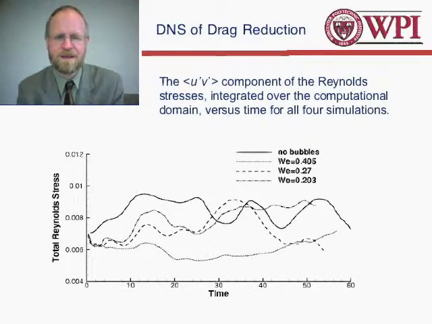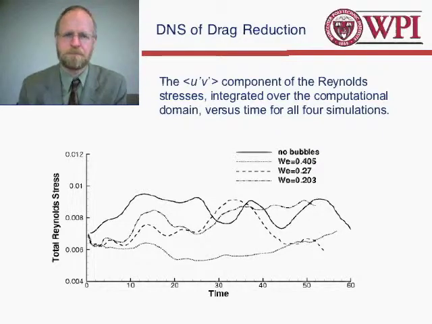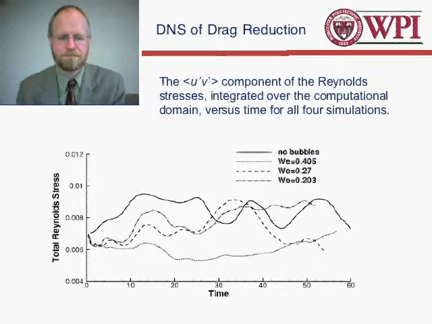But certainly at early time, it's the flow without bubbles that has the highest Reynolds stresses, and there's no clear correlation between an increase in drag on the wall and an increase in Reynolds stresses. So while the decrease in Reynolds stresses for the most deformable bubble certainly is suggestive of what's going on, there's not a direct correlation between the Reynolds stresses and the wall drag.